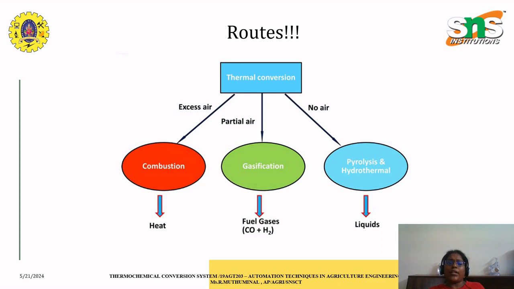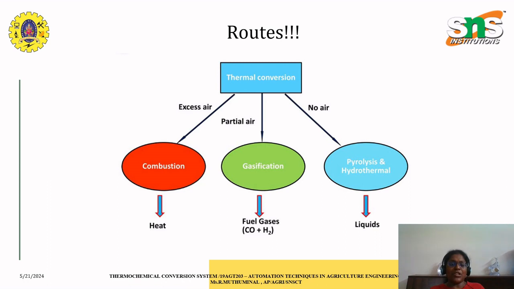The routes involved in thermal conversion are combustion, gasification, pyrolysis and hydrothermal. In thermal conversion, when there is an excess availability of air, combustion takes place, which results in heat.